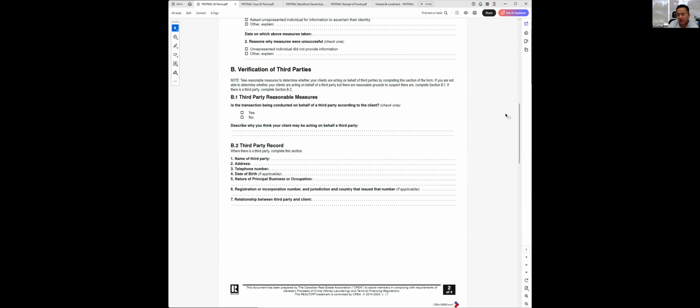If that person is providing the funds and you know that, then you have to fill out the third party client ID record because say you have a BRA signed with John Smith, but really it's John Smith's parents who are kind of providing the funds and acting in the background. That's when the third party section would come into play.